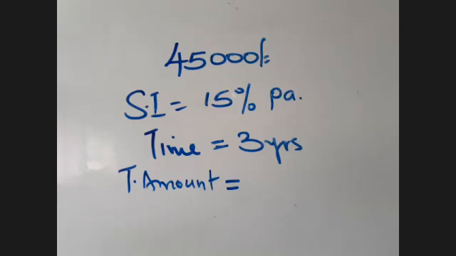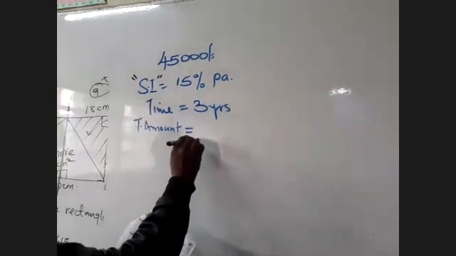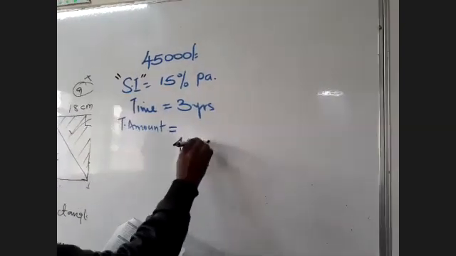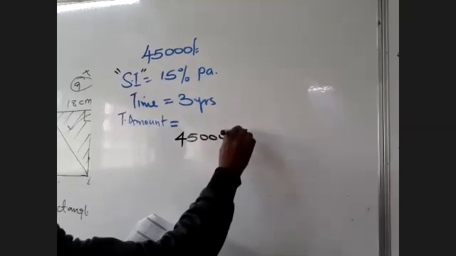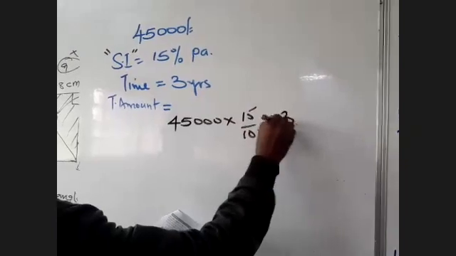65,250. Let's see what she's saying because of time. So principal 45,000, the money borrowed, times the rate 15% per annum, simple interest, just 3 years.